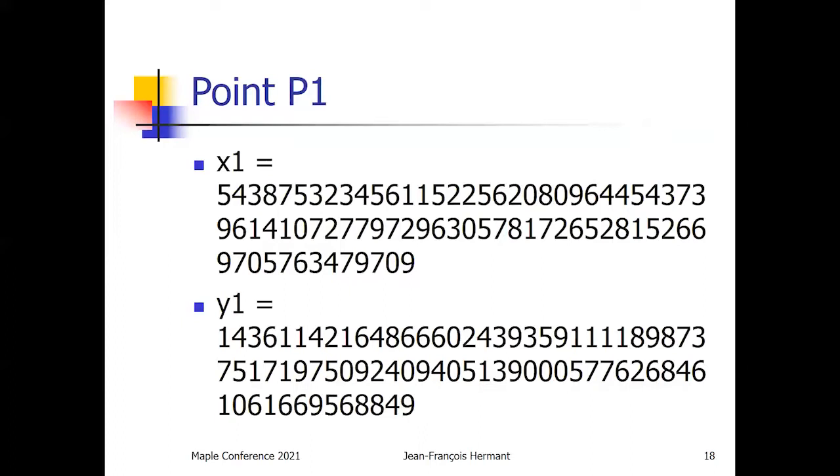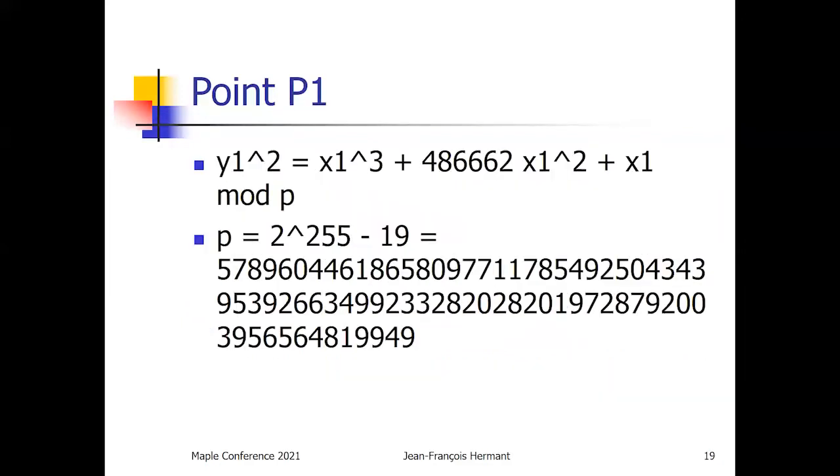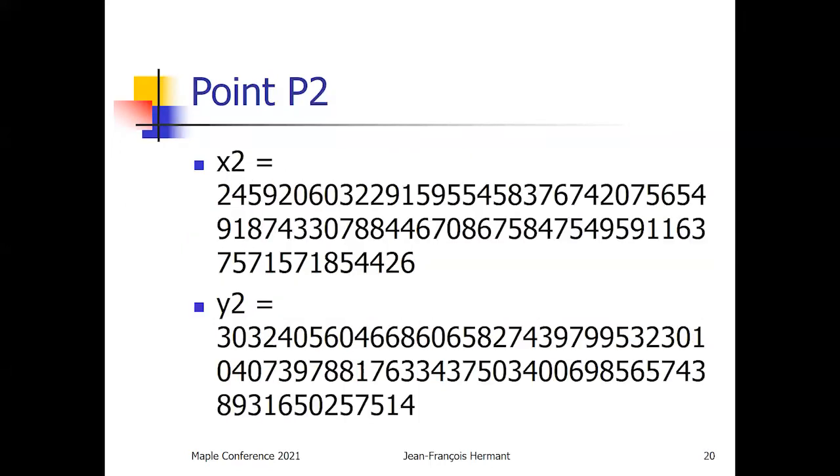So we are able to compute the coordinates of P1. All the details are provided in the Maple worksheet. We are able to compute the value for x1 and the value for y1. And of course, this point belongs to curve 25519.